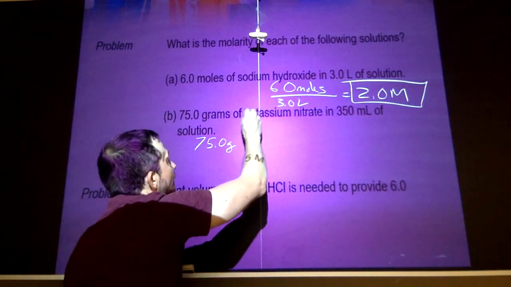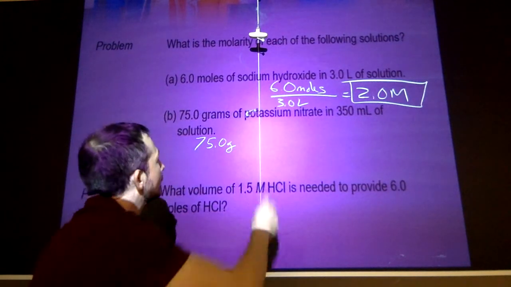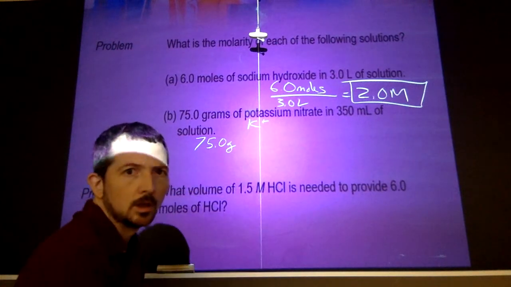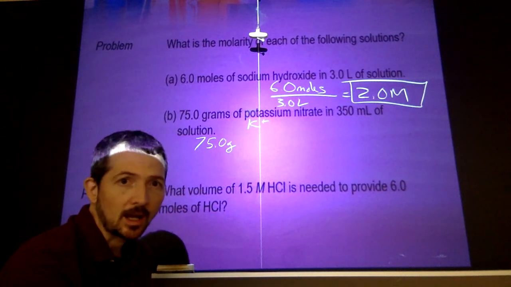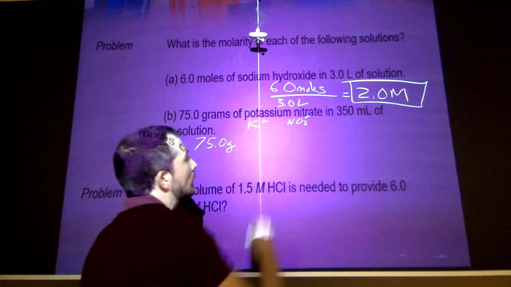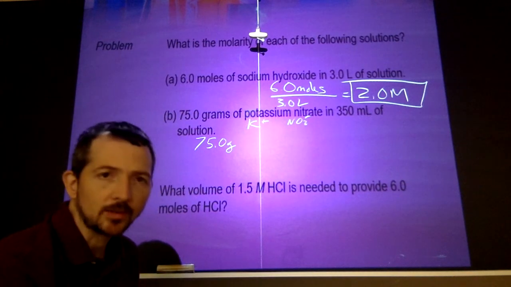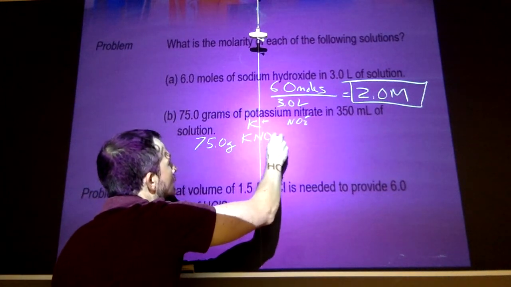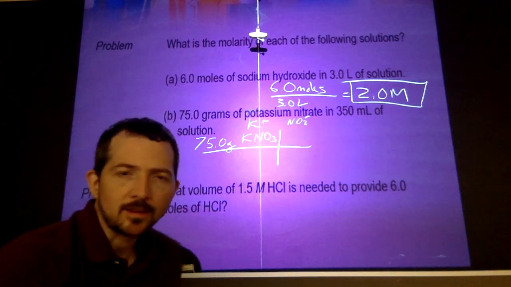Potassium is K with a positive charge. Nitrate, you had to know some of the polyatomic ions, and this is one of them. Nitrate is NO3 with a minus charge. And so plus and minus balance each other out. So KNO3 is your molecular formula for potassium nitrate.